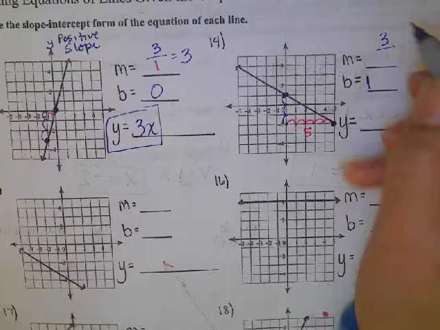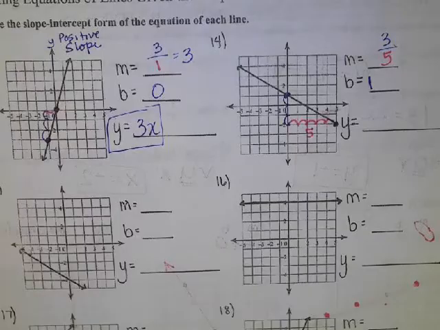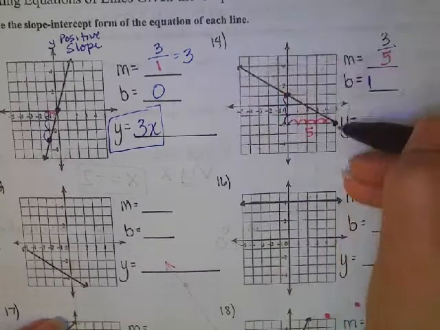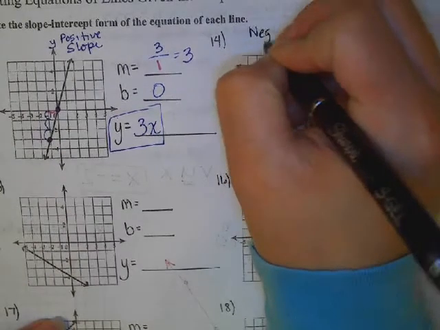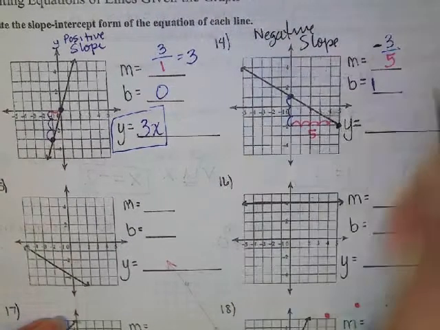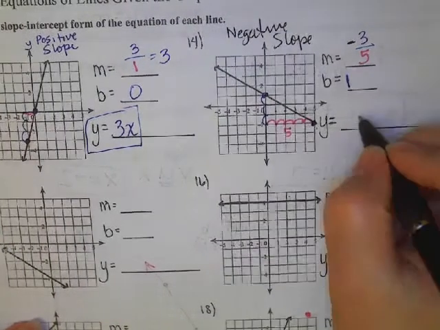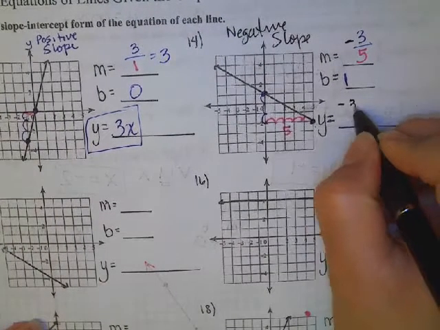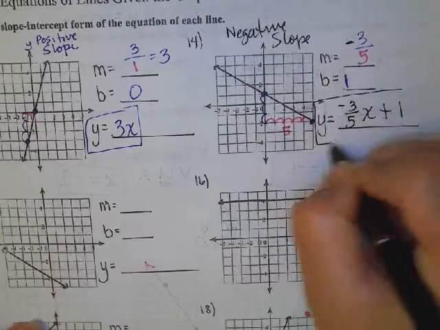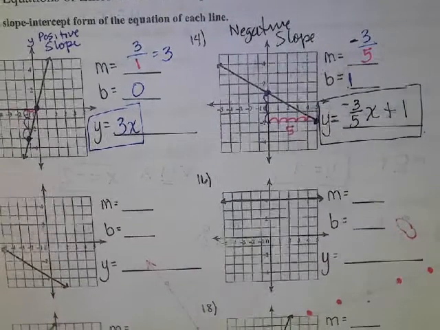And the run is 1, 2, 3, 4, 5. And don't forget, what type of slope is this? Well, from left to right, this line's going down. This is a negative slope. So you better put a negative somewhere. And then write your equation. Negative 3/5 x, and then the plus 1.